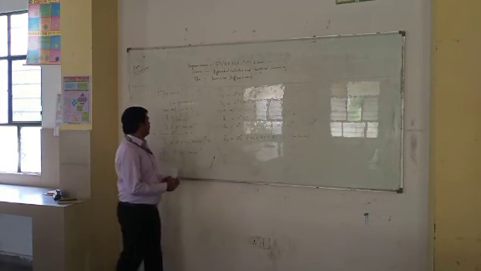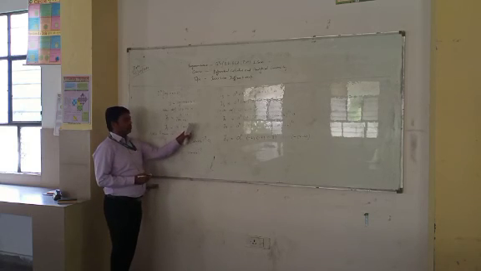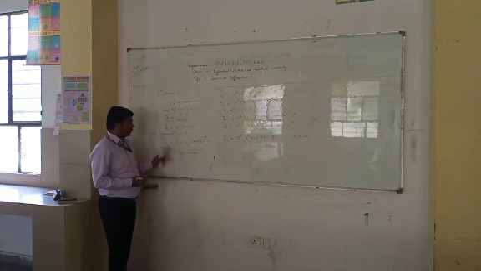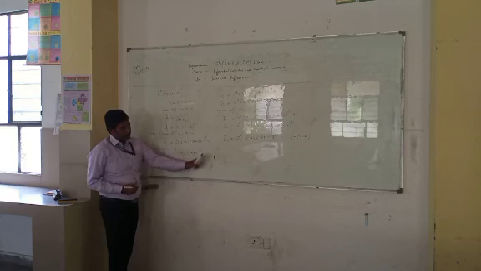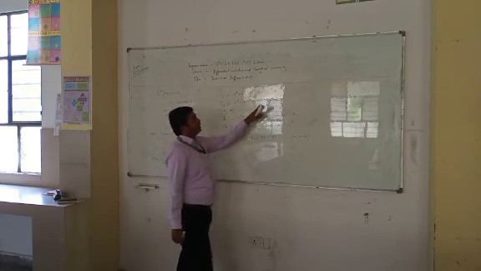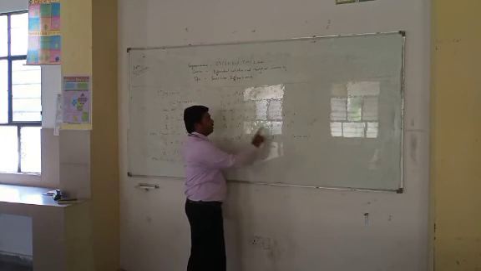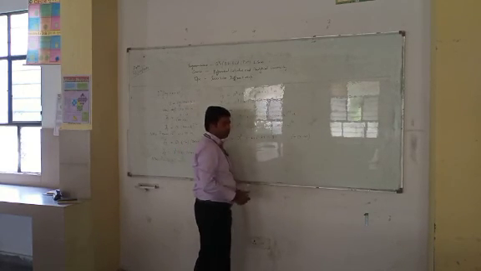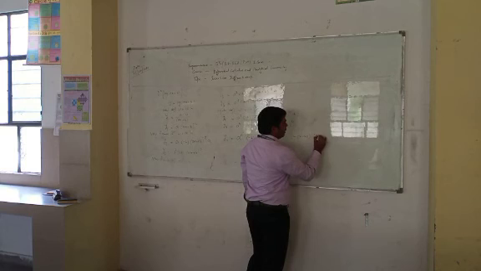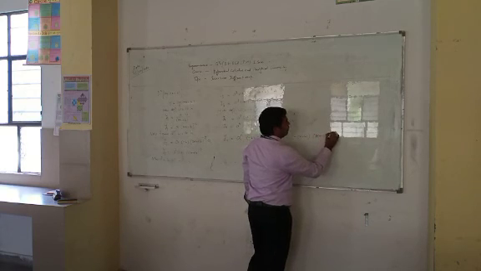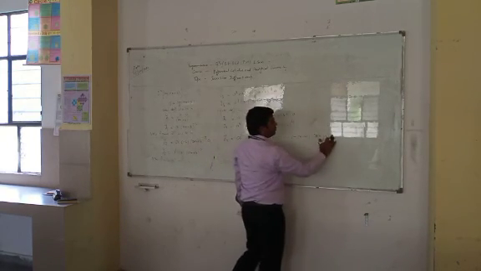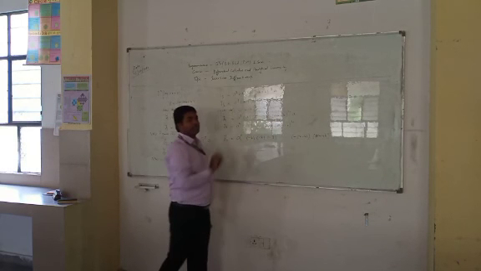Again, y1 has ax plus b to the power minus 1, y2 has ax plus b to the power minus 2, y3 has ax plus b to the power minus 3 and y4 has ax plus b to the power minus 4. So it will be ax plus b to the power minus n.